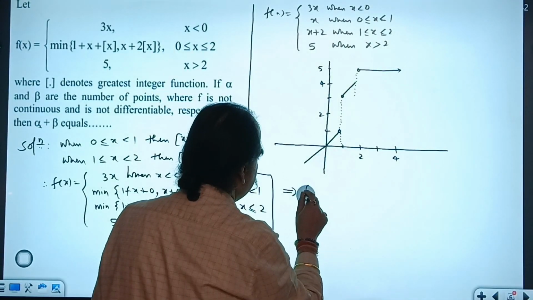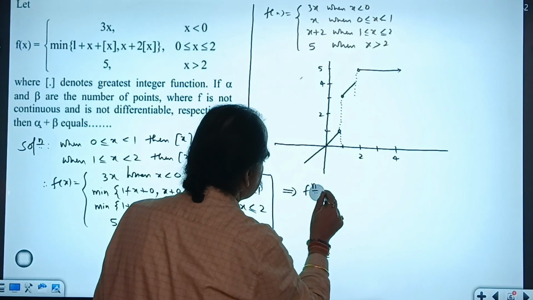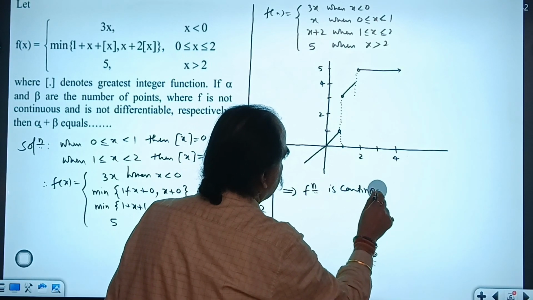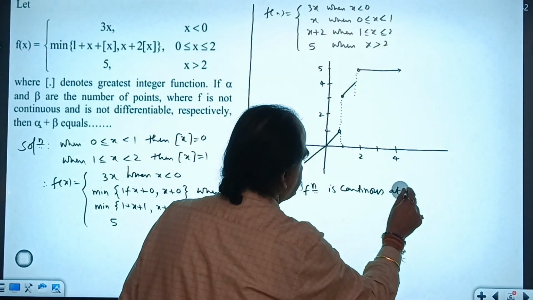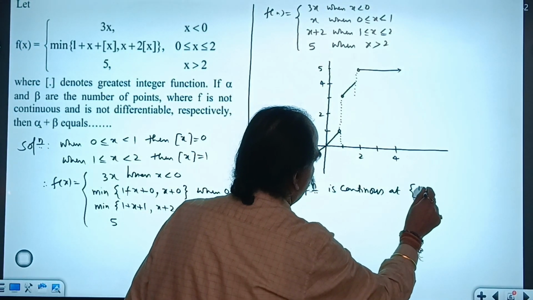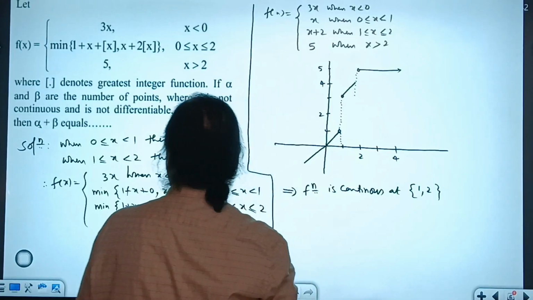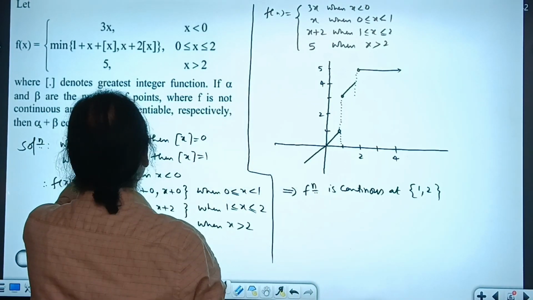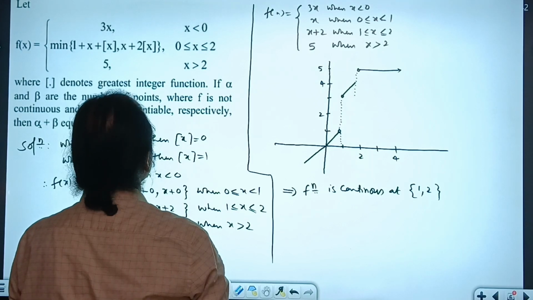The function is not continuous at 1, 2. And for alpha, what? The points where it is not continuous.